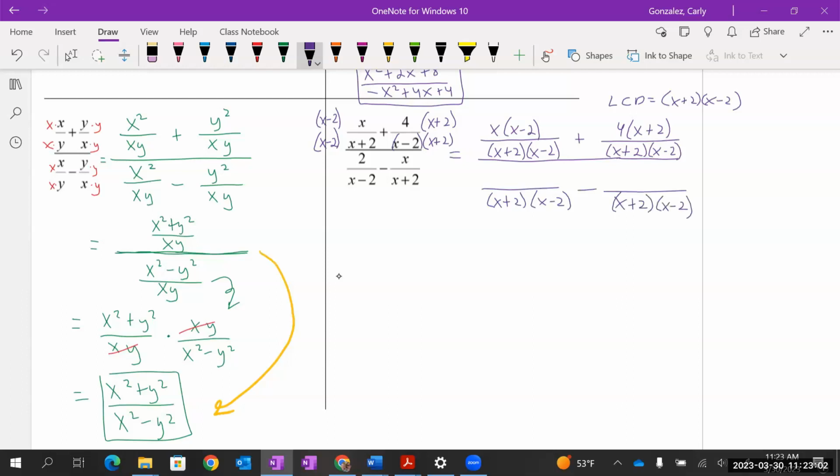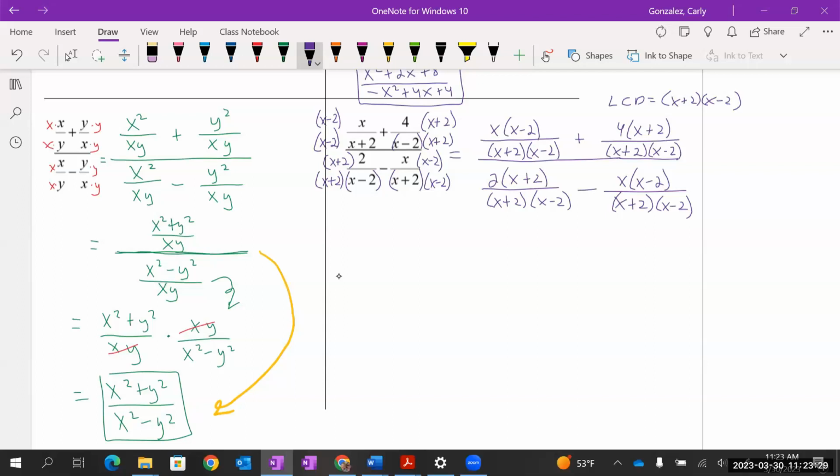So if you look at the bottom left, I already have an x minus 2. So now I need to multiply top and bottom by an x plus 2. So that gives me that 2 times x plus 2. On the bottom right, I already have an x plus 2. So now I need an x minus 2. So x minus 2.